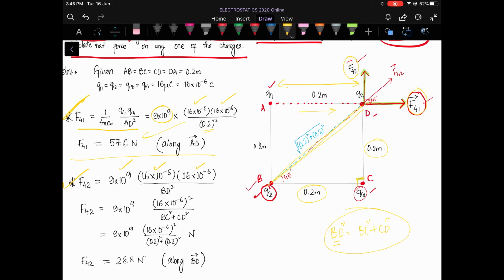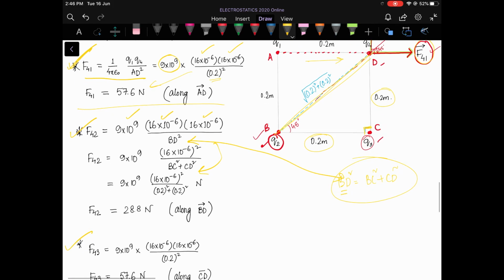Hence in place of BD square, we have replaced it by base square plus perpendicular square using Pythagoras theorem. Then on solving we get the value of 28.8. As I told you, this force will be less compared to the other forces, and you can see the number as well. Now this force is acting along BD.